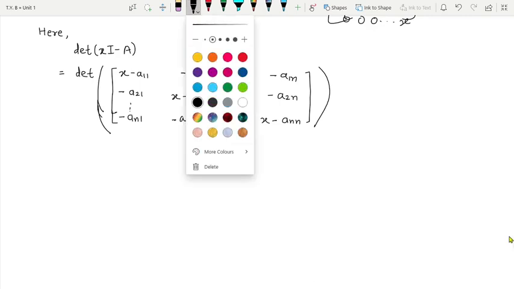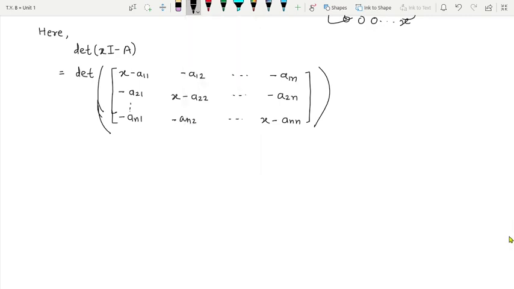We have learned it in the second year, but we are going to use the first row, which is equal to x minus a11 determinant of what? x minus a22, this will be continued, minus a2n, because we will delete first row and first column for this, right? This will be continued, and over here minus an2, this will be continued, and over here x minus ann, right?